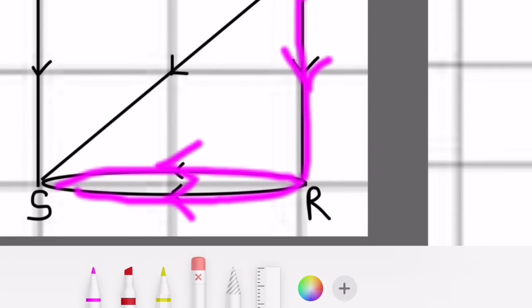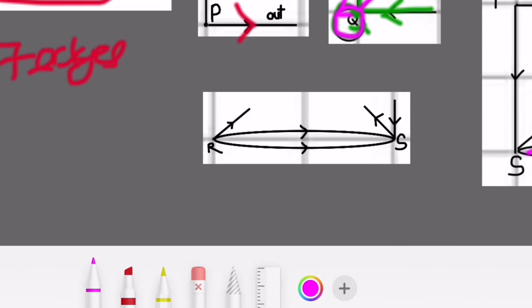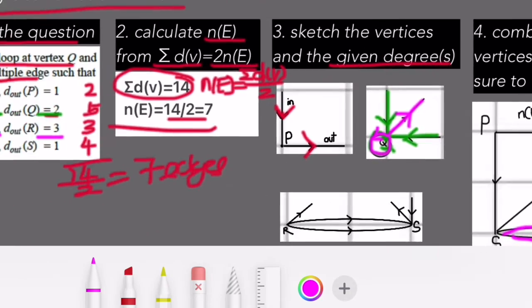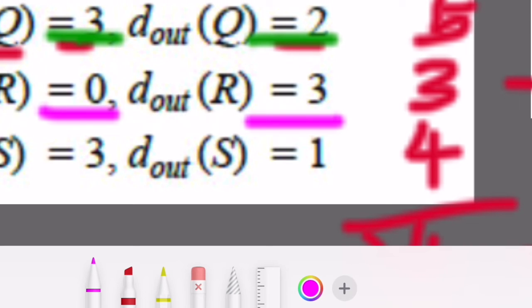So this one should be out. This arrow was wrong. Okay, so let's do a correction here. Out 3, no in. Alright, please take note. For R, in 0, out 3.